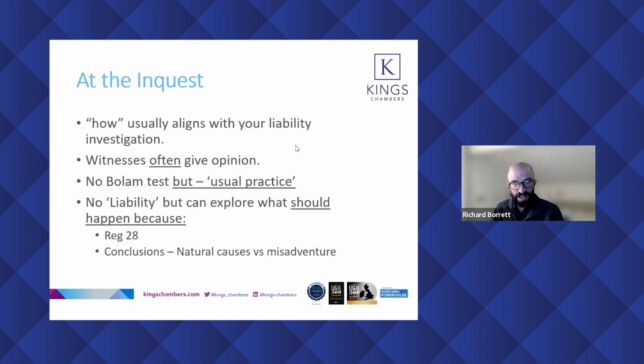One, Regulation 28 letters, and two, because in order to reach a conclusion, it's necessary to understand whether something ought to have happened or whether there was an opportunity to identify probable cause of death. Because that's the difference between, for example, medical causes or misadventure, or very unusually, unlawful killing.